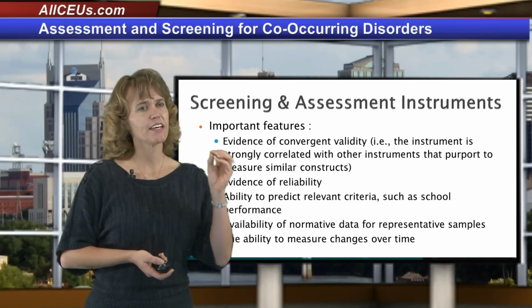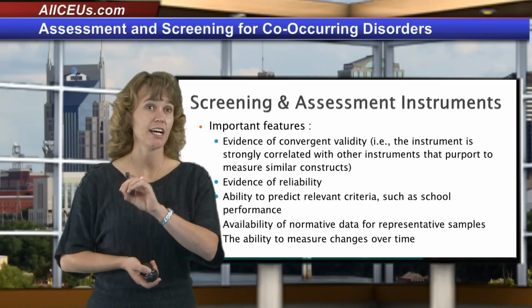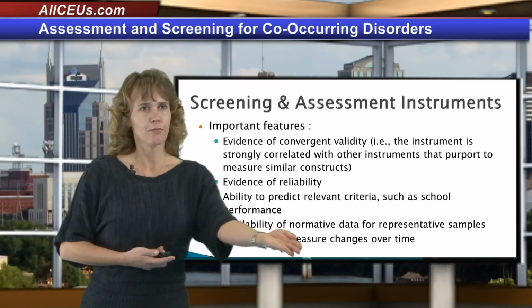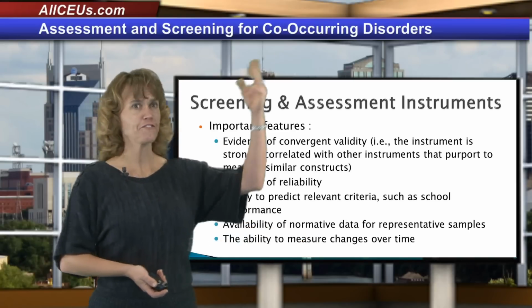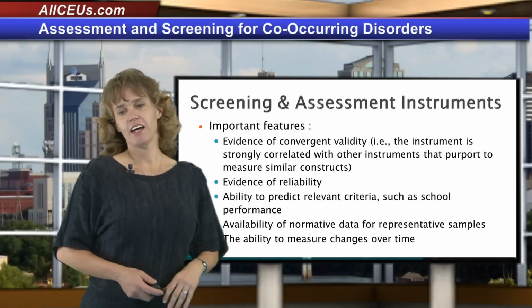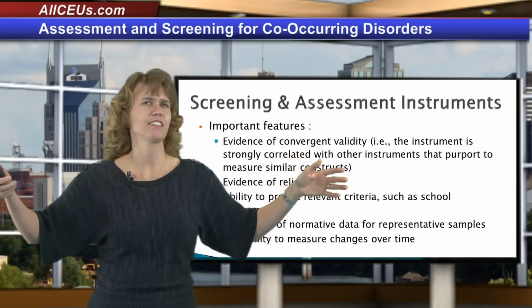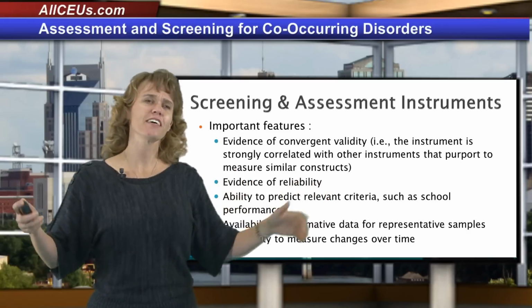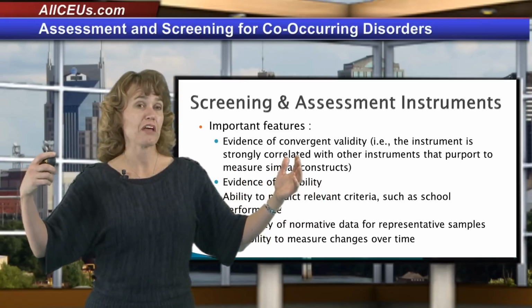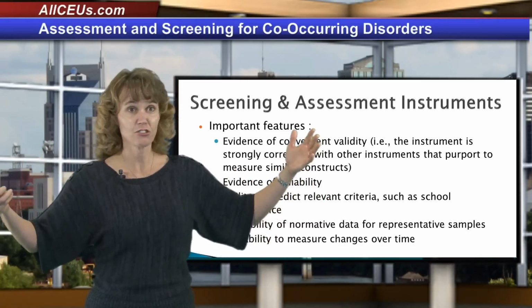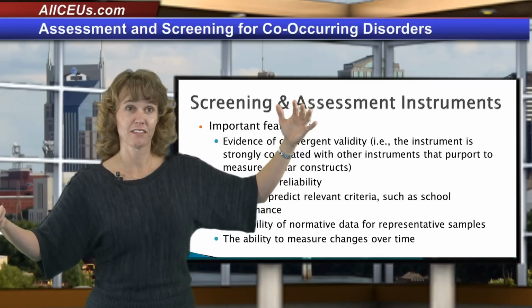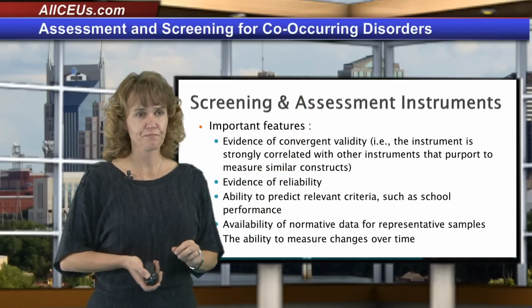And we want to see if we can measure changes over time. So when they come in, if you get a score of 15, and then 3 weeks later you give it to them, and theoretically the patient is improving, and they get a score of 8. That shows significant improvement. That's a really awesome instrument.